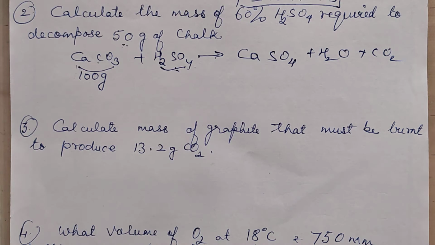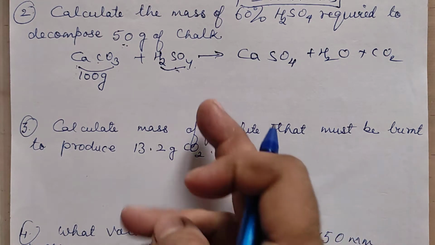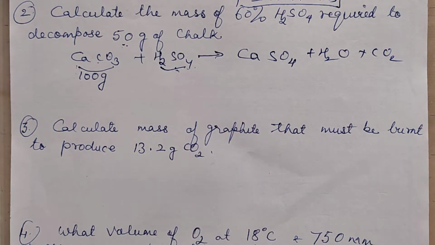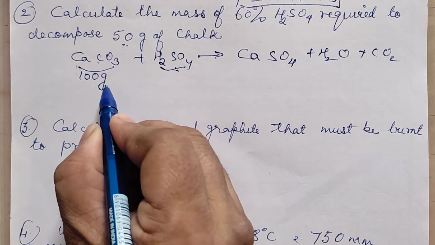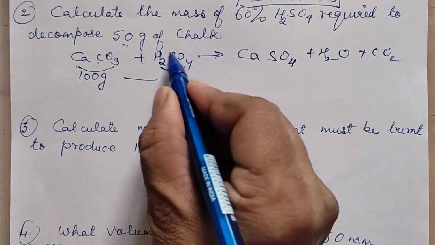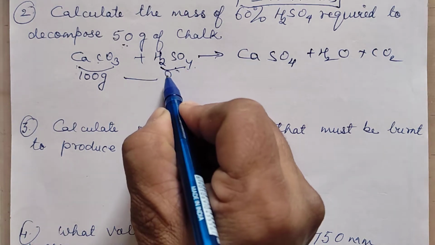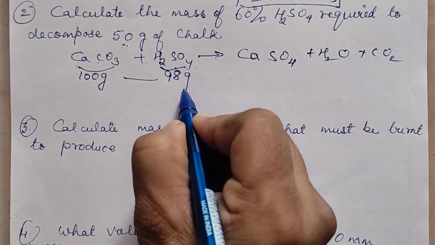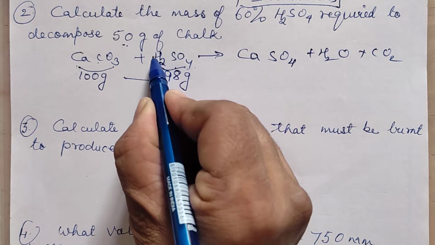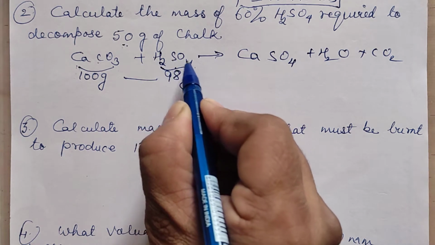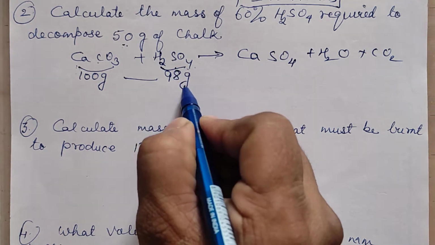So you will first write, if it is pure sulfuric acid, then how much is required. So if it is 100, how much is required? The molecular mass of sulfuric acid is 98 gram: 2 into 1 plus 32 plus 4 into 16, that is 98.